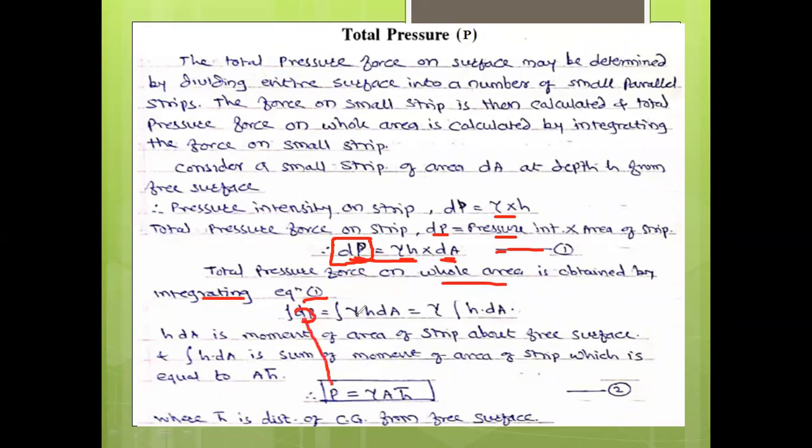Okay. Then I have used the integration sign here. Now here gamma is constant, I will take it outside the integration sign, and this is the integration of h dA. Now if you look at this, h dA is nothing but the vertical distance multiplied by the cross section, that is the area of the strip, and this is nothing but the moment of the area. h dA is the moment of the area about the free liquid surface.